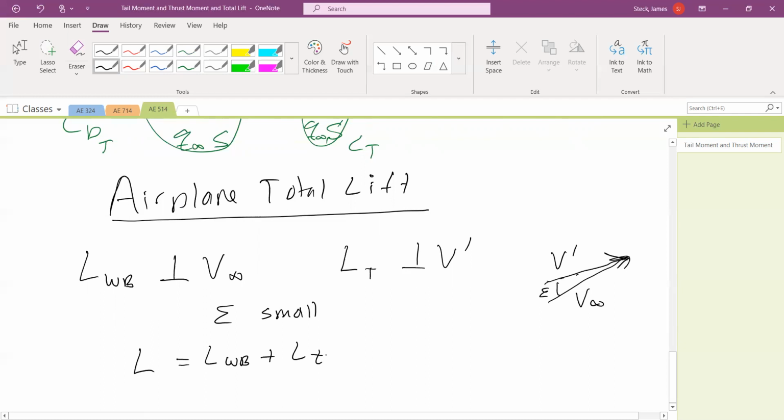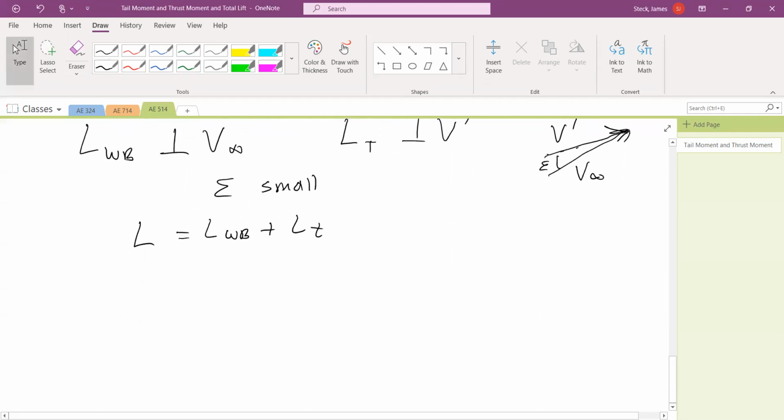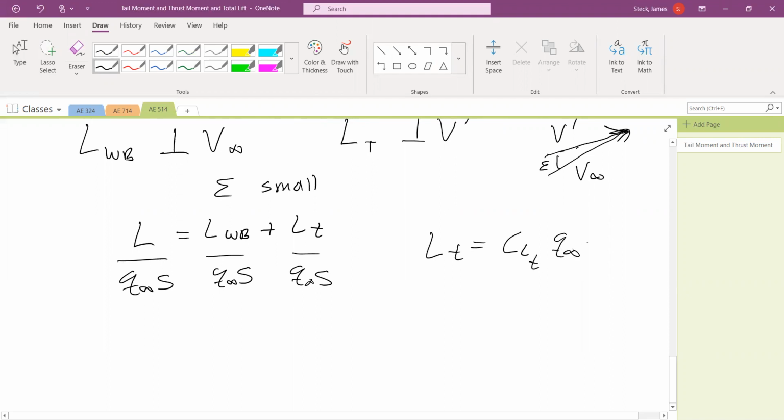It's like everything else, we're going to turn this into a coefficient. Divide by Q infinity S. And remember, like we did last time, when we calculate the lift coefficient of the tail by itself, we do it in terms of the tail area, ST. Because we do the airfoil, we build up the tail in terms of its own area.